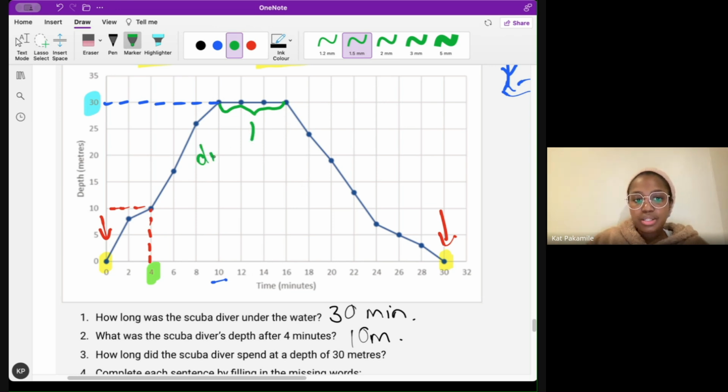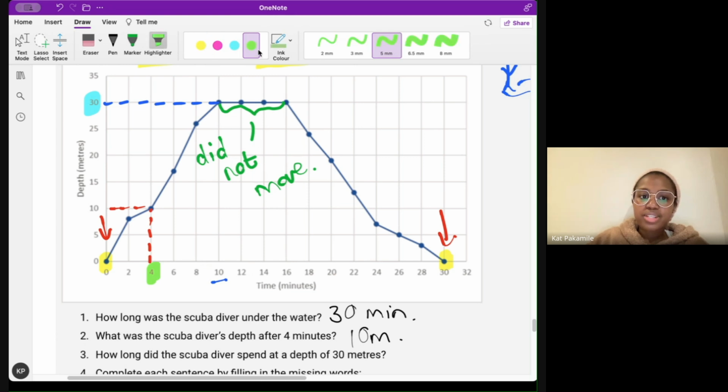He did not move. So at minute number 10, he arrived at the depth of 30 meters, right? And then he stayed at 30 meters until minute 16. So if he got there at minute 10 and stayed there until minute 16, how long did this person spend at the depth of 30 meters?